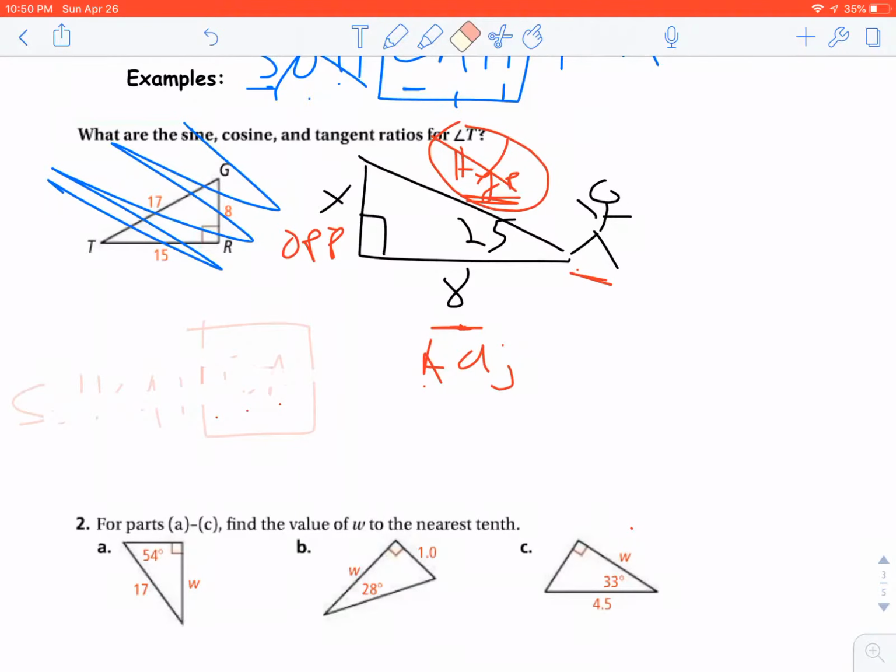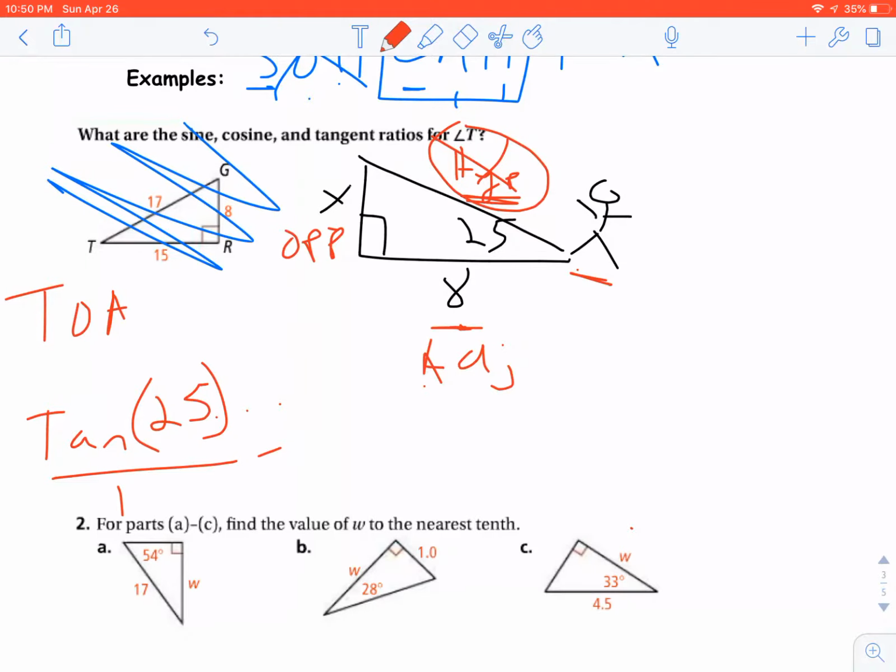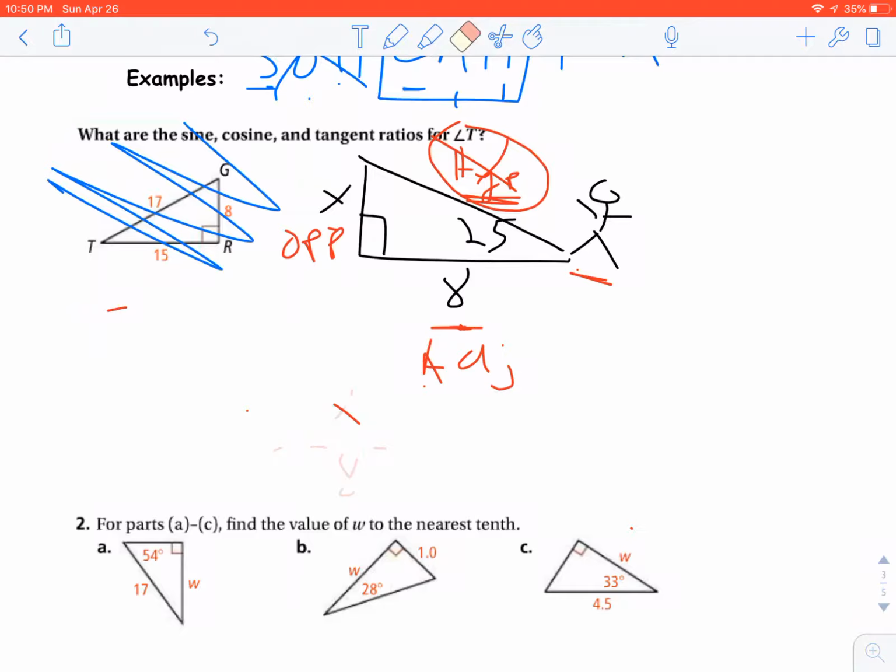So, to set this up, because it's spelled TOA, the tangent of the angle, 25, over 1 is equal to opposite over adjacent, which is 8. So that's how we set them up. It's not how we solve them, that's how we set them up. So that's just the setup. The algebra is actually very easy, just kids need to know how to type this stuff into their calculator.